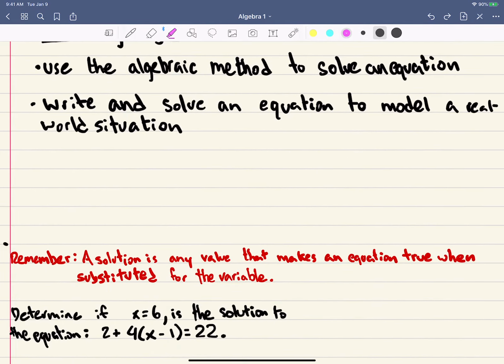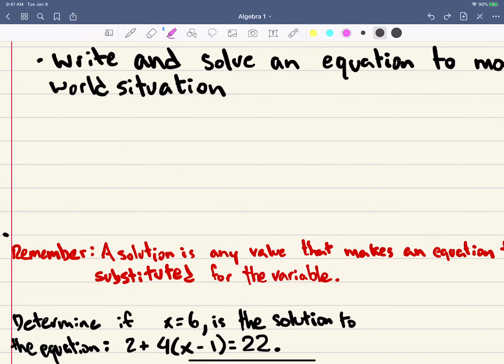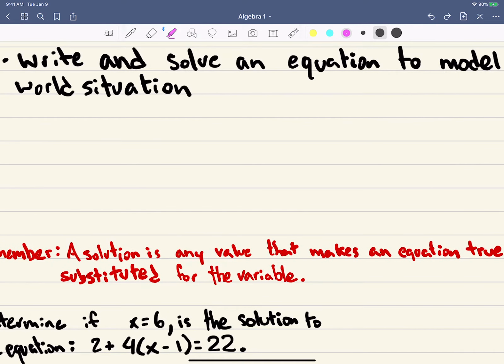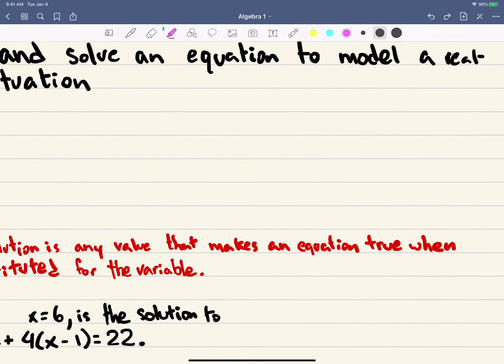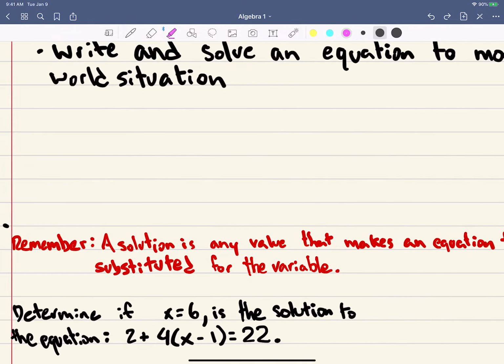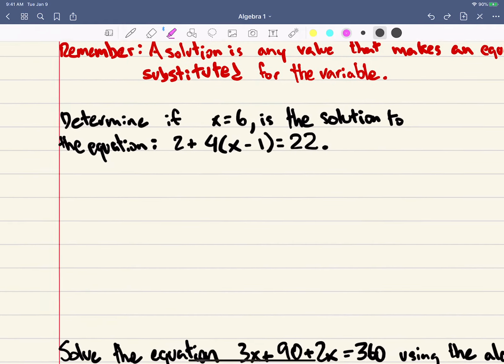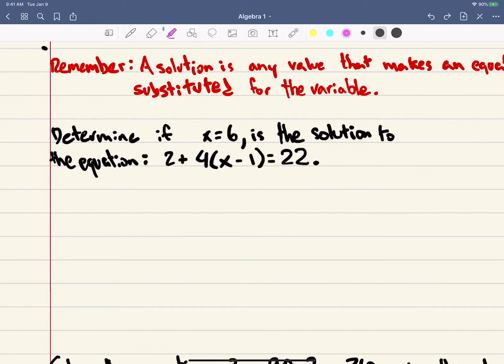Today, all I want you to remember first is that a solution is any value that makes an equation true when substituted for the variable. Let's go over a quick example. It asks us to determine if x equals 6 is the solution to this equation.